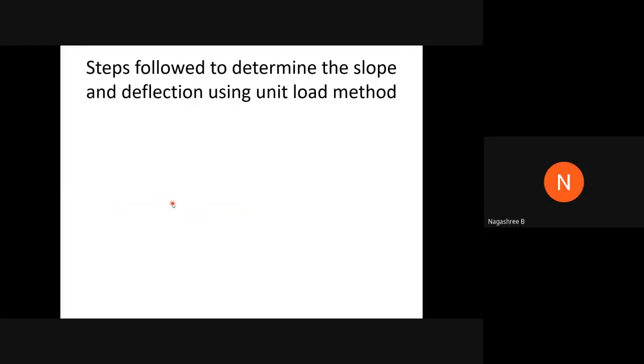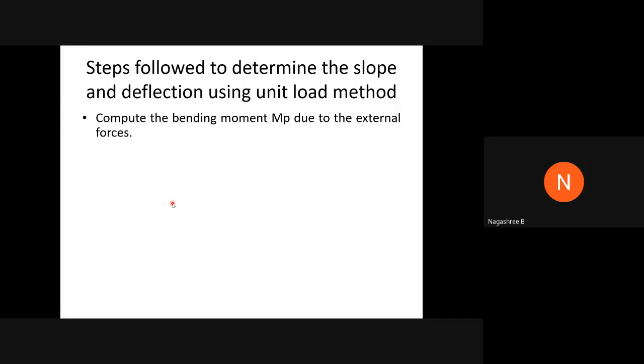So this is a very important step. Here we are supposed to follow some important steps in order to determine the slope and deflection of a unit load. First and foremost, we are supposed to calculate the bending moment, that is Mp, due to the real force, meaning the amount of force which is given in the beam or in the frame.